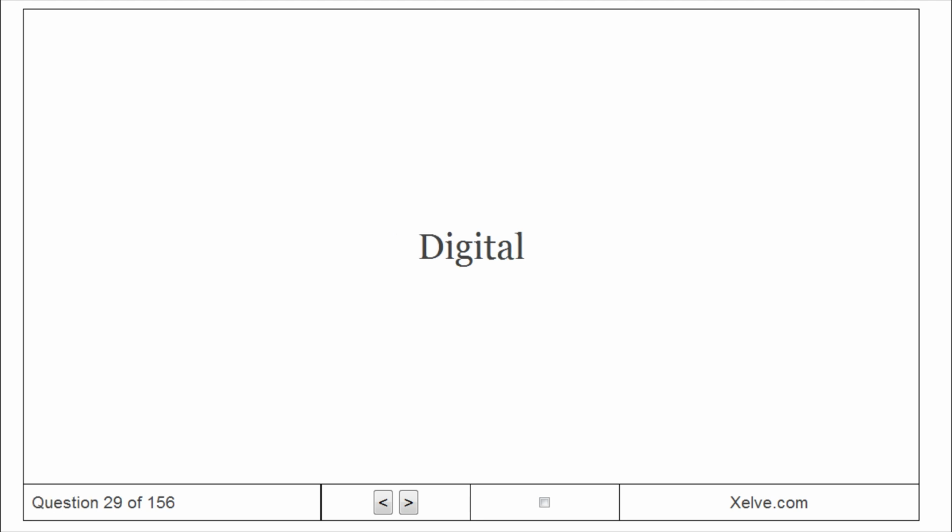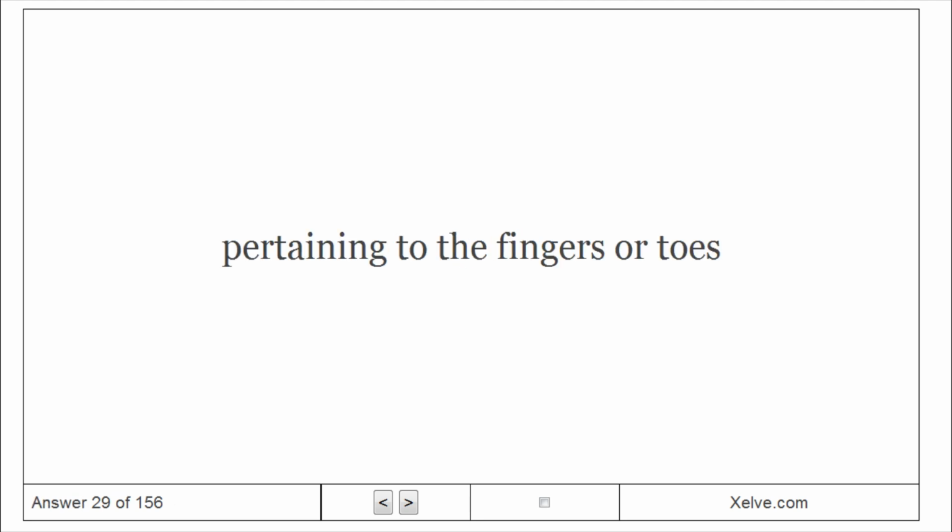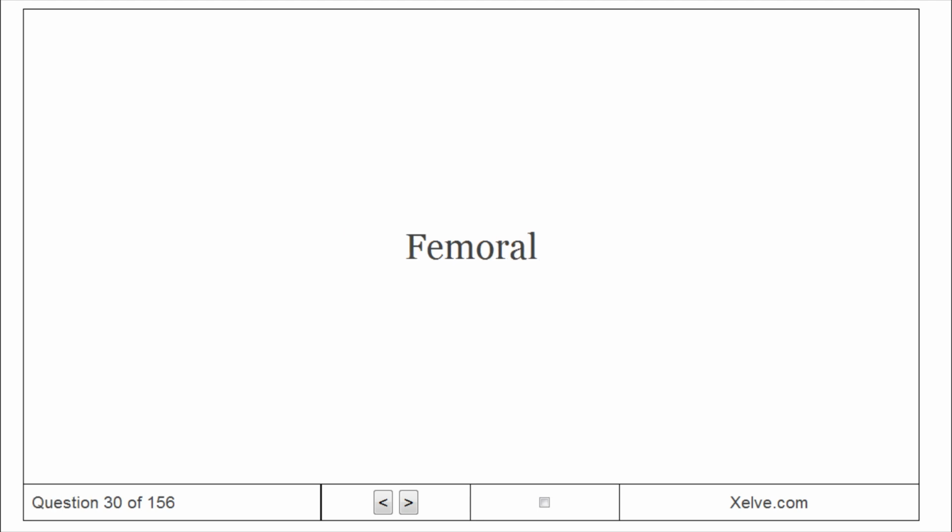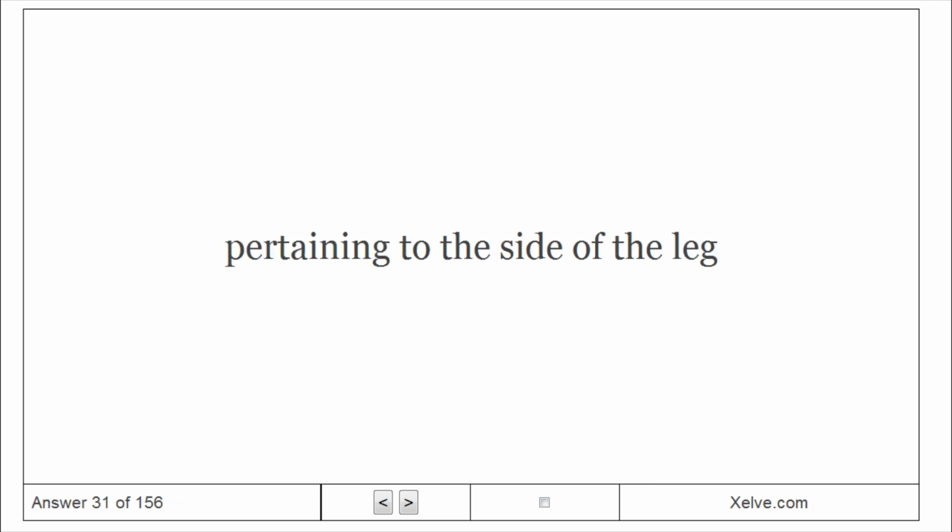Digital: pertaining to the fingers or toes. Femoral: pertaining to the thigh. Fibular, peroneal: pertaining to the side of the leg.